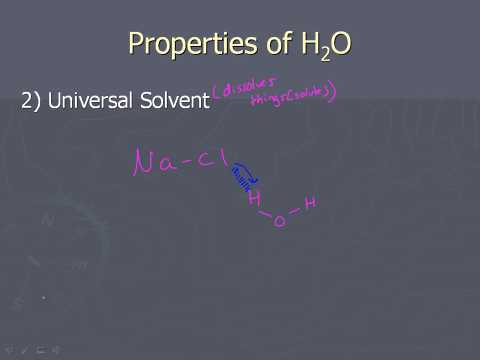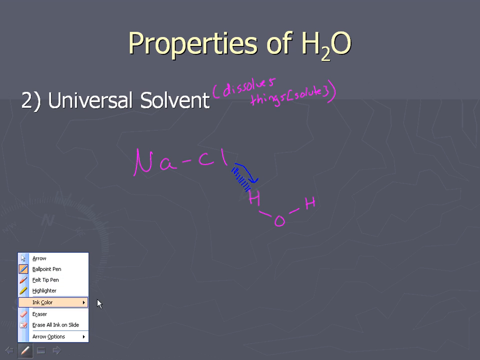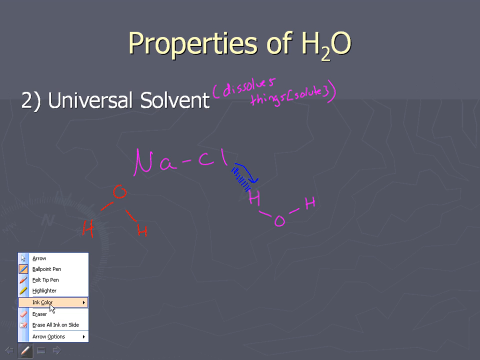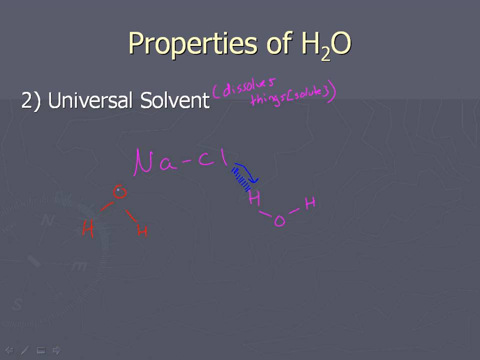And if you look at another water molecule, this negative end of the oxygen and the positive of the sodium is going to pull as well. So what ends up happening is it pulls this sodium and chlorine right apart, and it's left with just a sodium ion and a chlorine ion dissolved in water. So that's what allows salt to dissolve in water, is the pulling by the water due to the polarity.